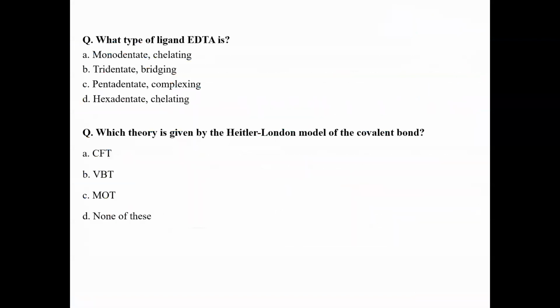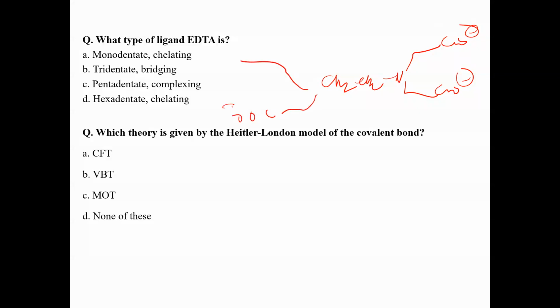So moving to the next one, what type of ligand is EDTA, ethylene diamine tetraacetate? Basically, this one, CH2, CH2, and COO negative, COO negative, and similarly here.